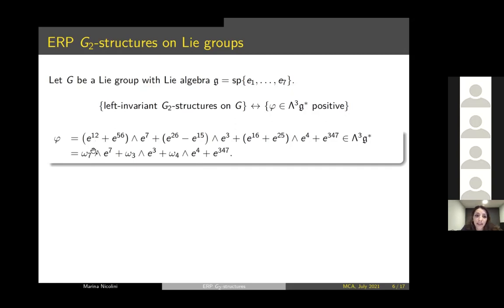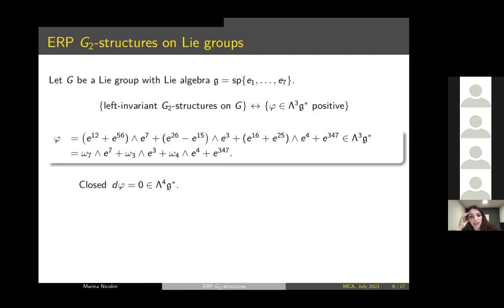I put the name omega 7 to this 2-form on 1, 2, 5, 6, the partner of e7, omega 3 the partner of e3, omega 4 the partner of e4, and of course it remains the e347. If we are studying the problem of being an ERP G2 structure on a Lie group, we still need phi to be closed.